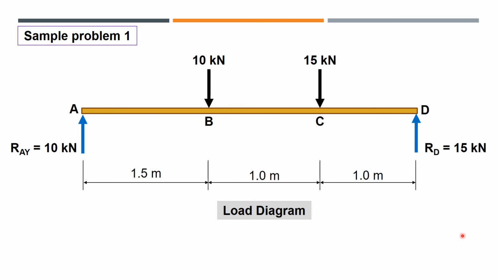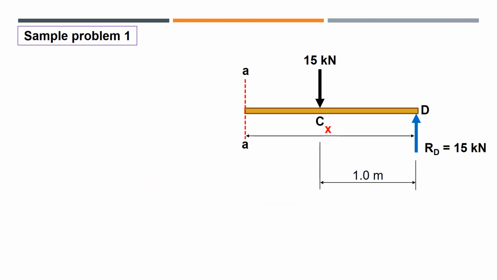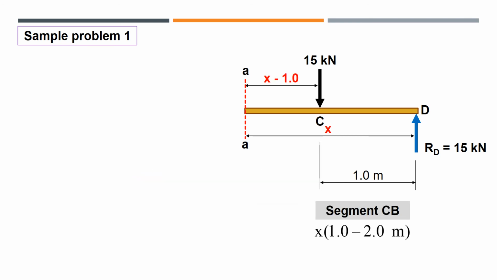Now for segment CB or BC. So again, pass an imaginary cutting plane. Measure that from D. So ang included na vertical forces ay RD and this 15 kilonewton force. So that when you sum up, by the way, ito naman ang kanyang limits. From 1 to 2 naman. And this is the distance of the 15 kilonewton force from the cutting plane.